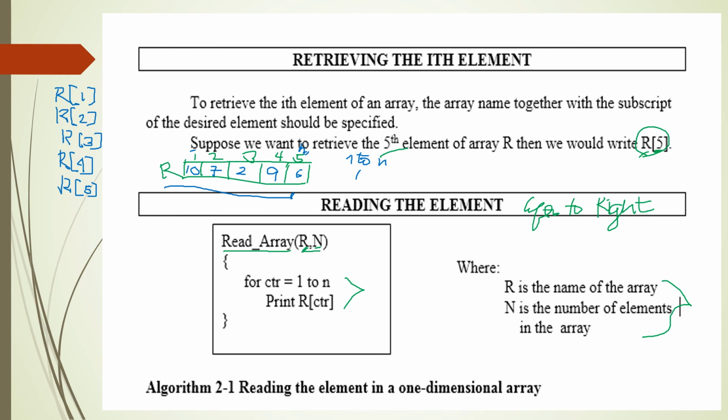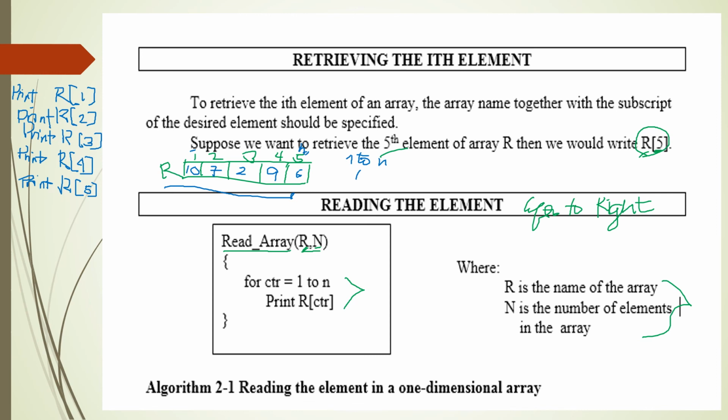Now, if we want to display the content of this array, we simply use print. Print R sub 1, print R sub 2, print R sub 3, print R sub 4, and print R sub 5.